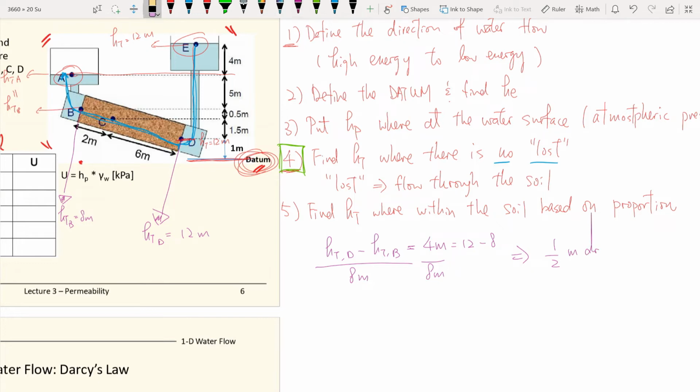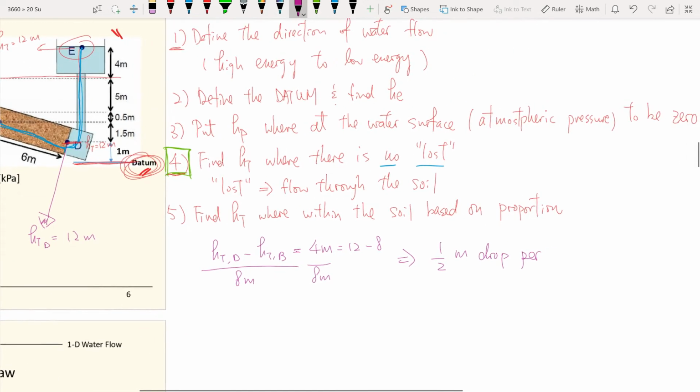So what happened here is we have 1/2 meter drop per 1 meter traveled.